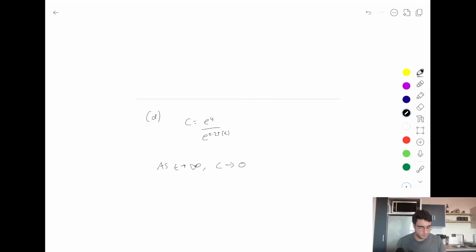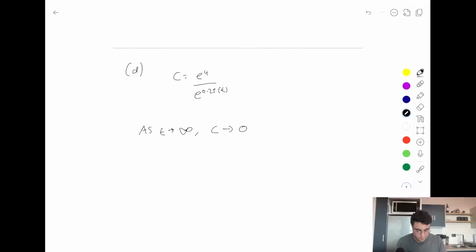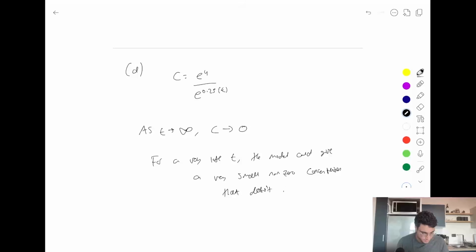So for a very large t, the model could give a very small non-zero concentration that doesn't match reality.